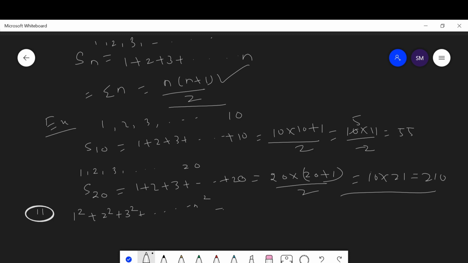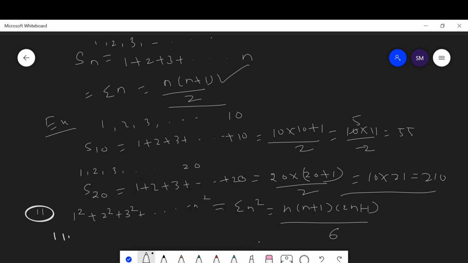The sum of n square is equal to n into n plus 1 into 2n plus 1 upon 6. This formula makes it easier to find the sum of squares of n natural numbers.